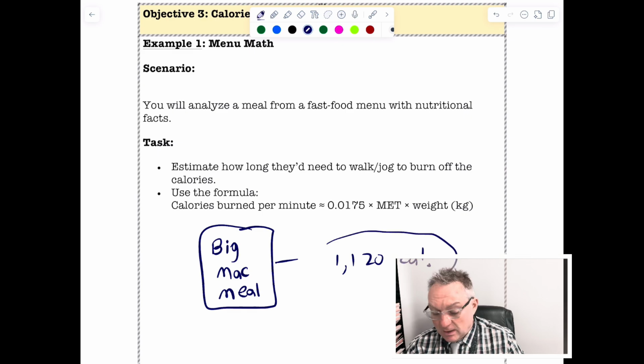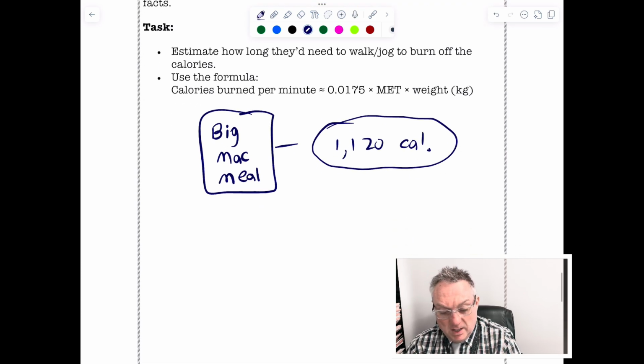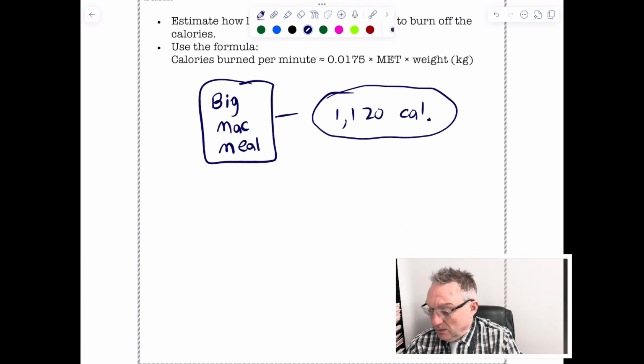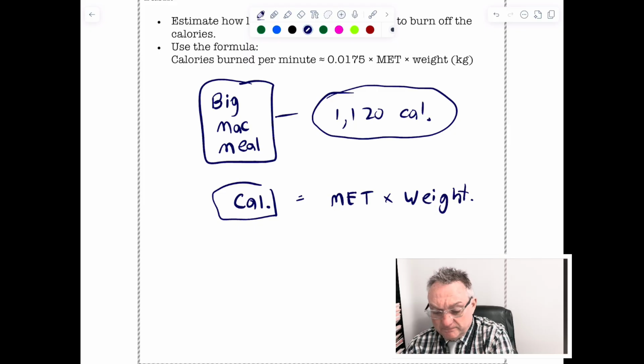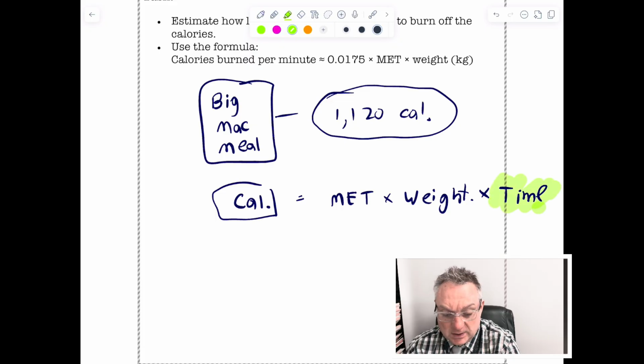And so my formula for calories, remember, is the MET, the metabolic rate, times my weight, times the time. And what I'm trying to figure out is the time for each of these.